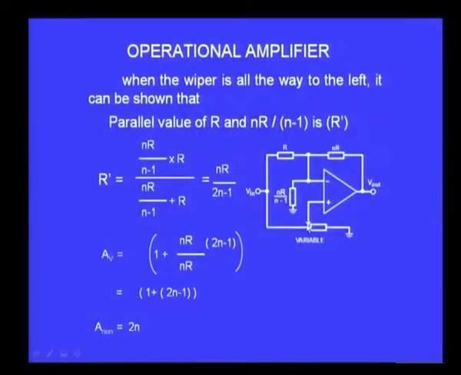What happens when the wiper is at the other end, the maximum end, when the value of the variable resistor is included in the circuit corresponding to the non-inverting terminal? When this happens, what will be the effective gain? To find the effective gain by superposition, you can see, if I assume it to be a non-inverting amplifier, the V in is connected to the non-inverting terminal.